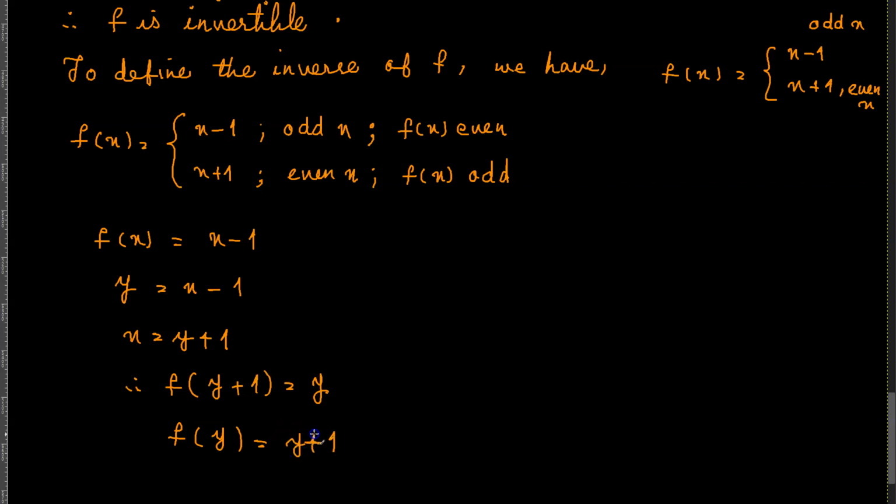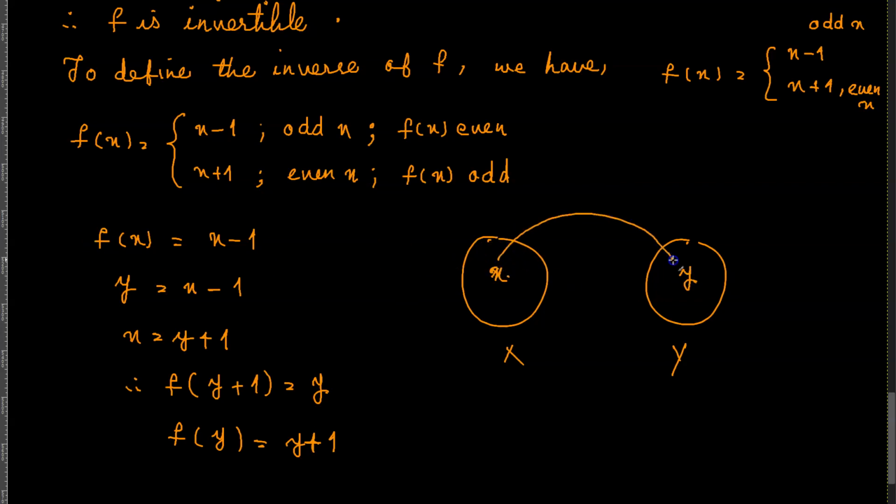And that is because you can see that this function goes from x to y. Say that you have some x here, and here it gives you some y, for example. So f is a function that goes from x to y, and it maps all of these lowercase x's to these lowercase y's.